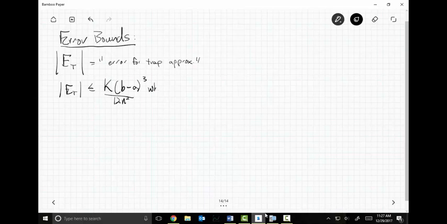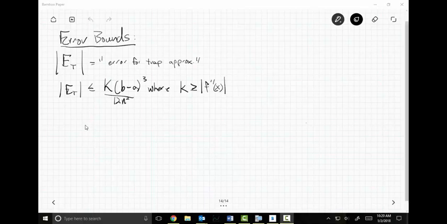Now, this K is the least upper bound, if possible. It's some constant that is greater than or equal to the absolute value of the second derivative of f.